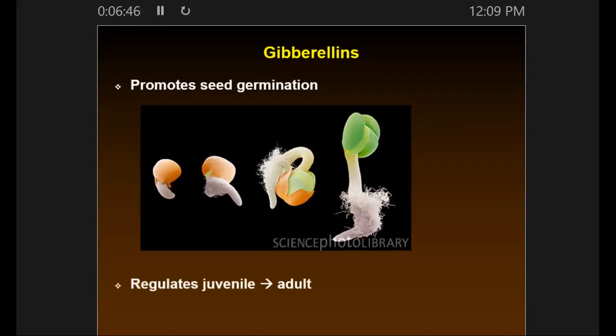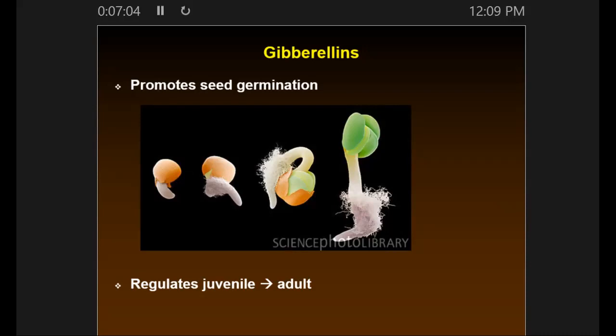Another thing that gibberellins can do for the plant is this shift in its life cycle from its juvenile phase to adult phase. So that's analogous to puberty in humans and then mature adult.